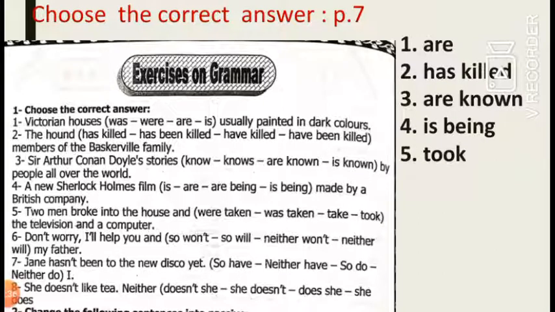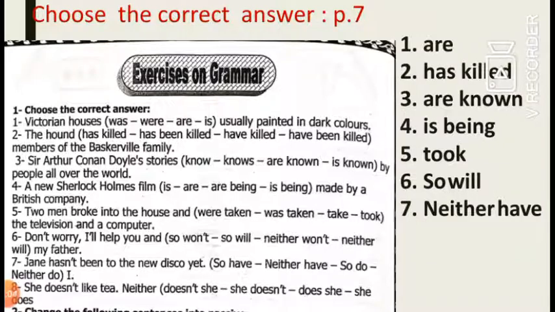Number 6, don't worry, I'll help you and so will my father. A positive sentence, so we are going to use so. Number 7, Jane hasn't been to the new desk yet. Neither have I. Number 8, she doesn't like tea. Neither does she.